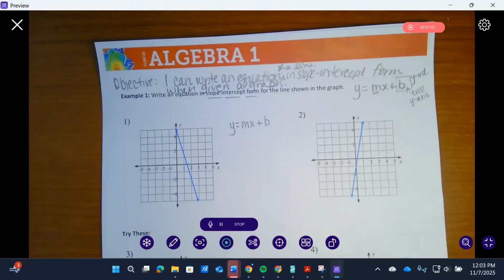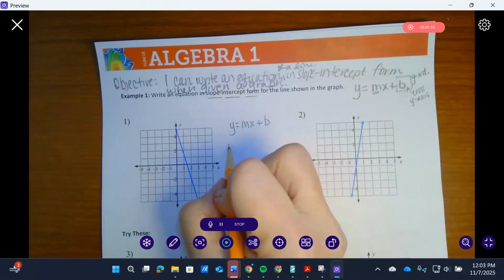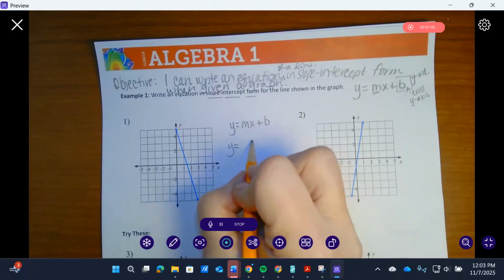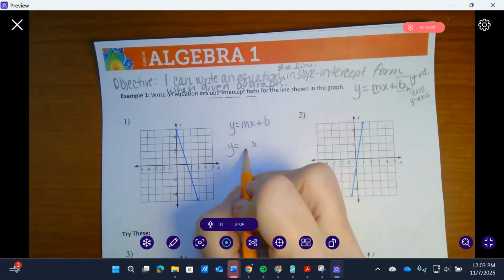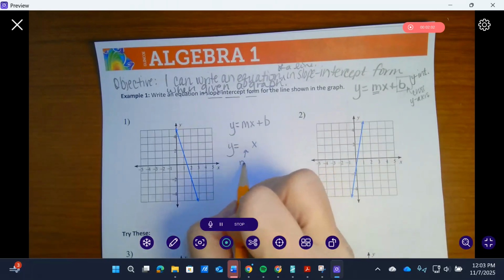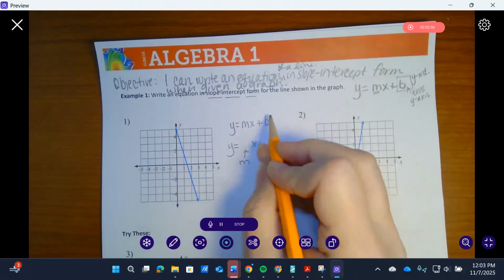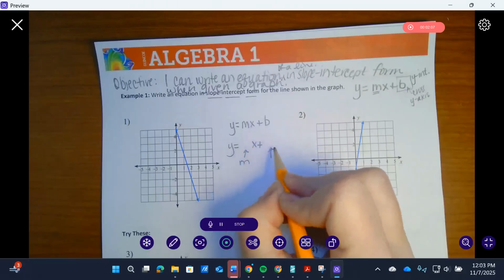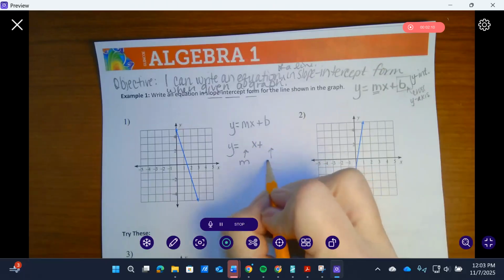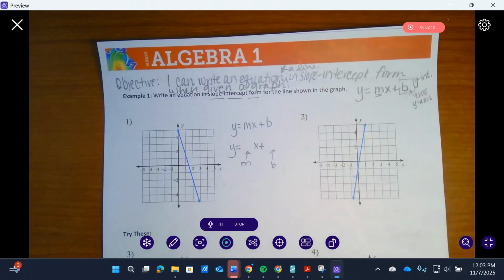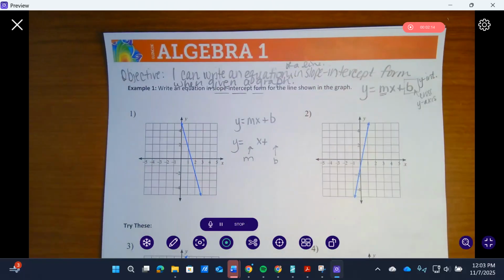Okay, so I'm going to set up this framework really quick, where right here is where my slope's going to go, and right here is where my numerical value for my y-intercept goes. Those are really the only two things we need to identify in order to write our equation.